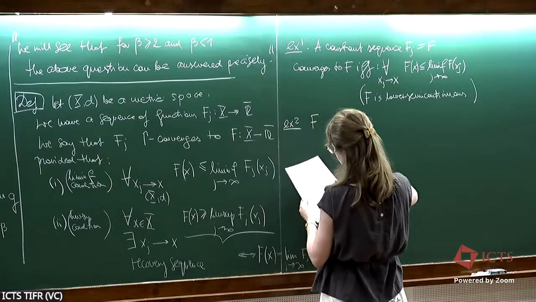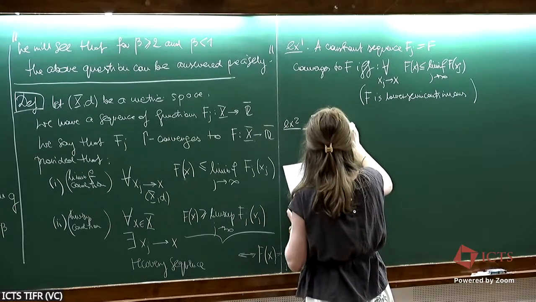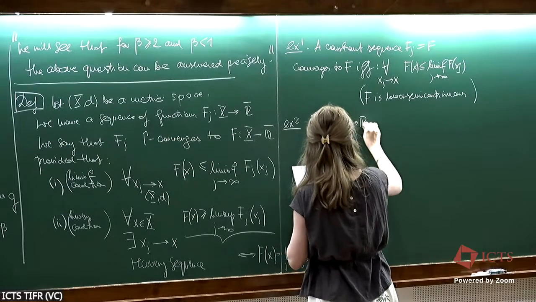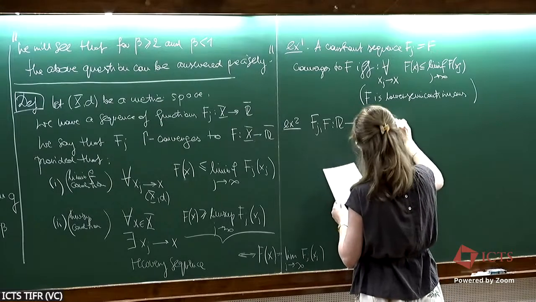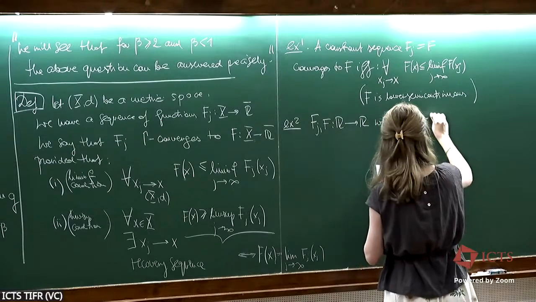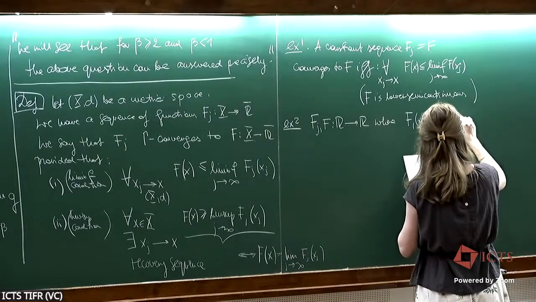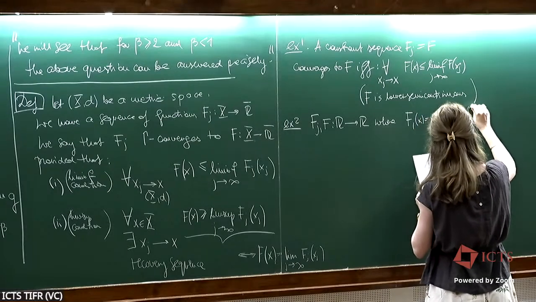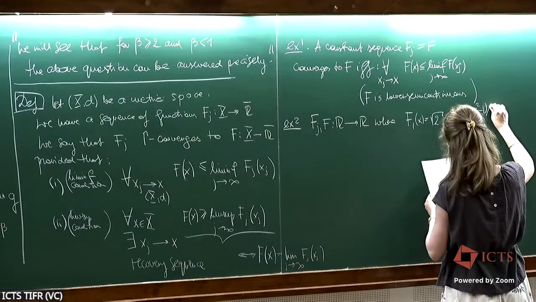Take fj and f from R to R, where f1 of x is defined as, okay, why not, square root 2x exponential minus 2x squared minus 1 divided by 2.